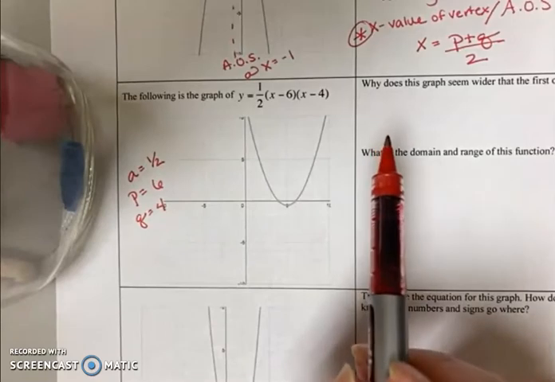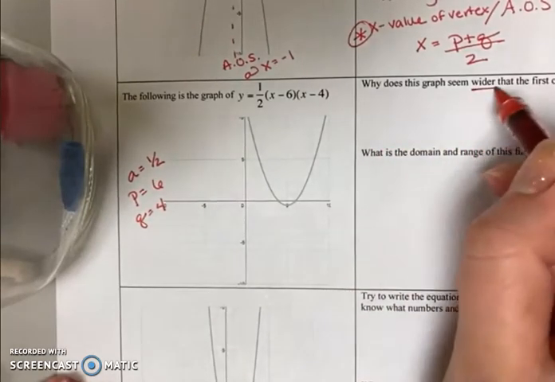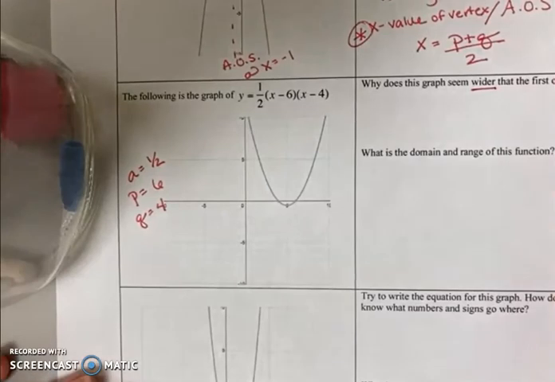Okay, using this equation and the graph, let's answer these questions. The first one says, why does this graph seem wider than the first one? Keep in mind, when we're actually changing the shape of the graph, that would be either a stretch or a compression. So now we need to remember which one would make the graph appear to be wider.